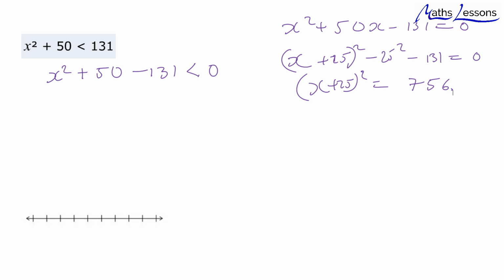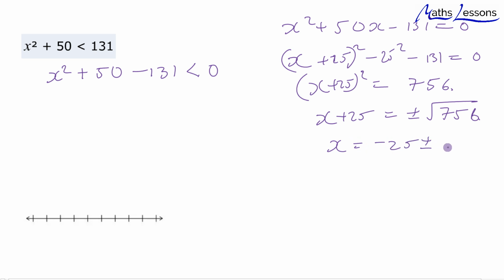No, it doesn't square root. So we get x plus 25 equals plus or minus the square root of 756. And therefore x is equal to minus 25 plus or minus the square root of 756.